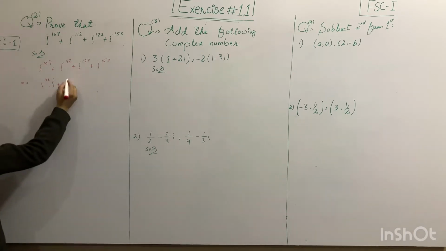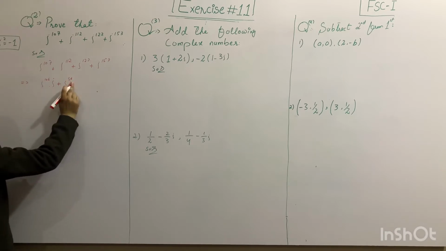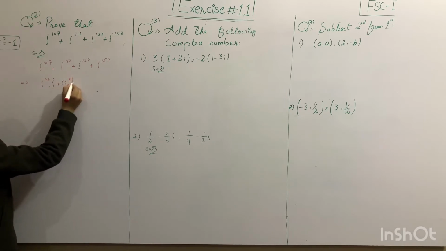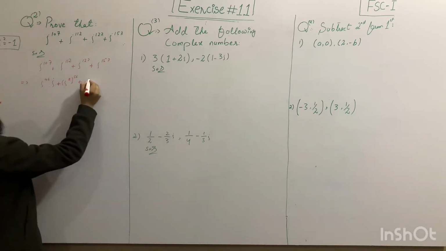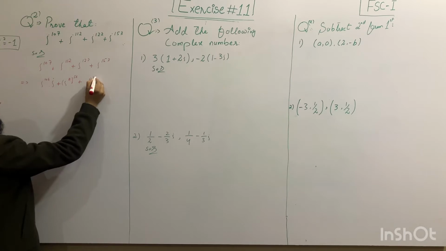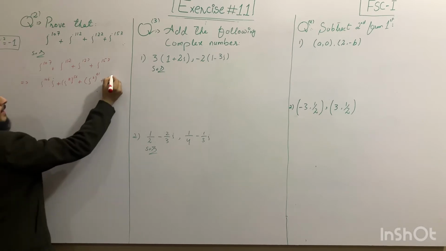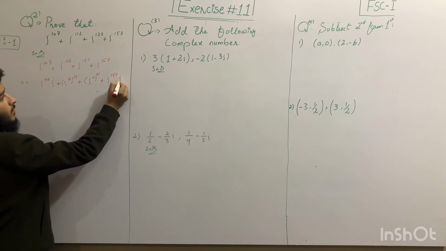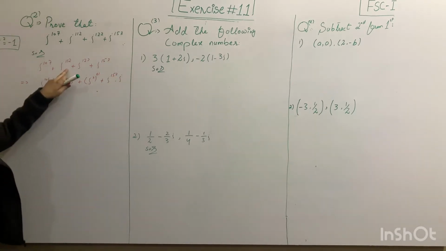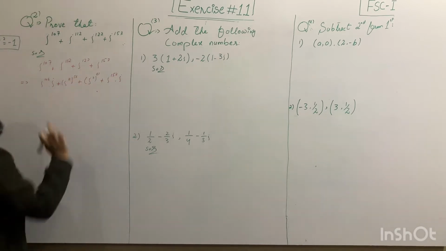Plus I can write this as iota square into 56, plus iota square into 61, plus iota power 152 dot iota, because on multiplication it will give me 112, 122 and 153. 152 plus 1 equal to 153, right?